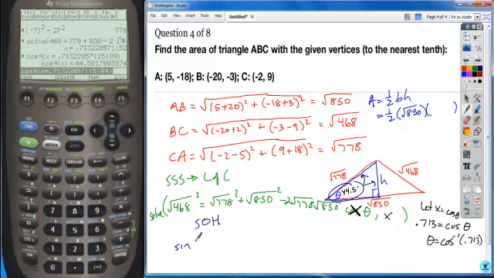So the sine of 44.5 degrees is equal to the opposite side h over the hypotenuse root 778. So if I multiply both sides by root 778, I get my h value right here. So that's root 778 times the sine of 44.5.